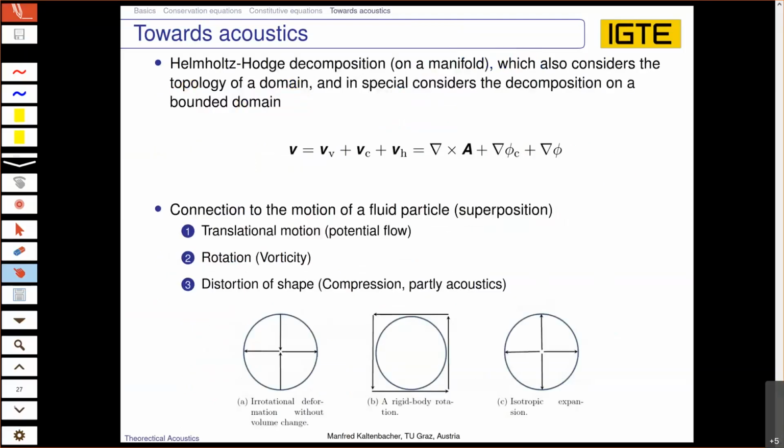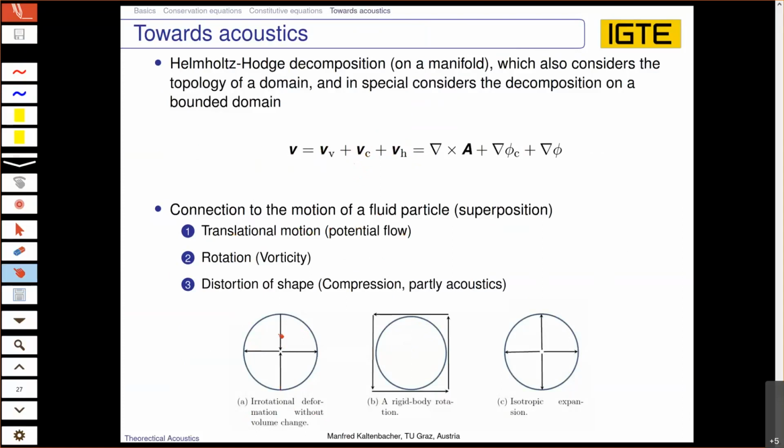That is why we can have a very general decomposition of the flow velocity into vortical parts, which give us the rigid body rotations, into compressible parts, and into an additional velocity field where we describe the potential flow, because the compressible part itself is described by a classical irrotational field.